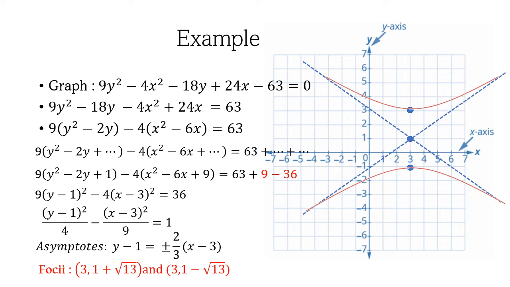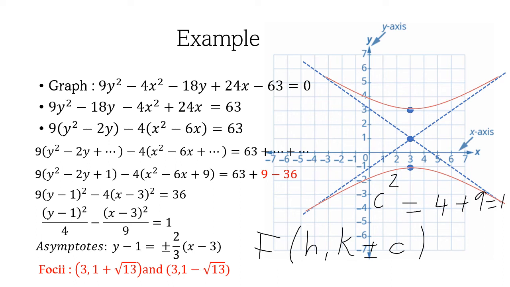Keep in mind, the foci are going to be (3, 1 plus square root of 13) and (3, 1 minus square root of 13). Because here we're starting with y squared, so the foci are going to have an equation of (h, k plus or minus c), where we have c squared equal 4 plus 9, and that's 13.